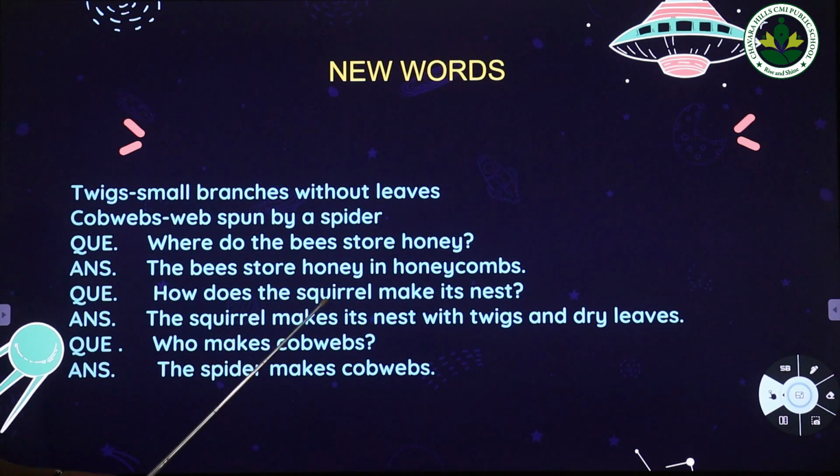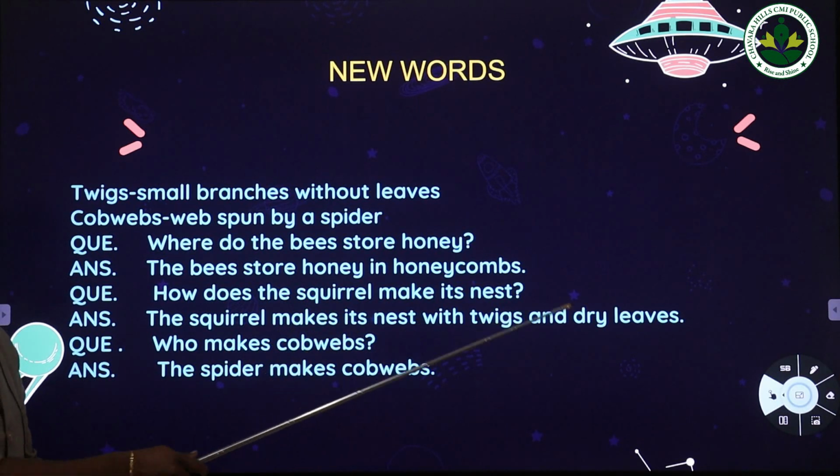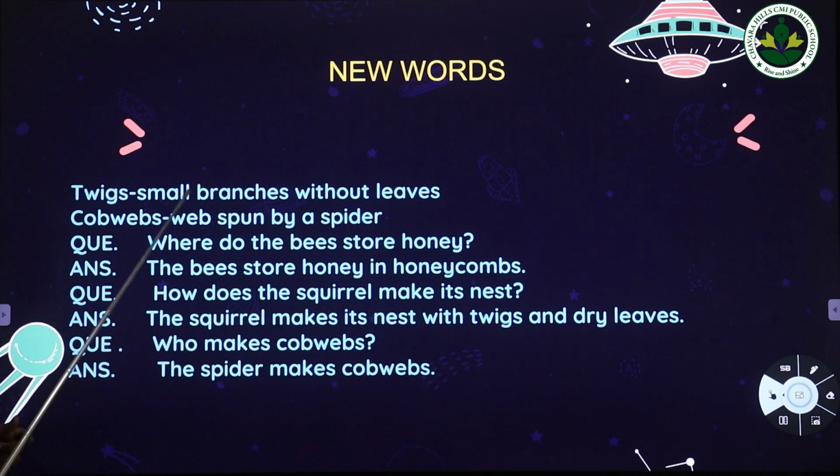How does the squirrel make its nest? The squirrel makes its nest with twigs and dry leaves. Twigs means small branches without leaves. Next question. Who makes cobwebs? The spider makes cobwebs.